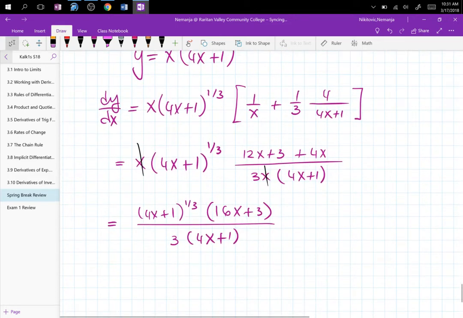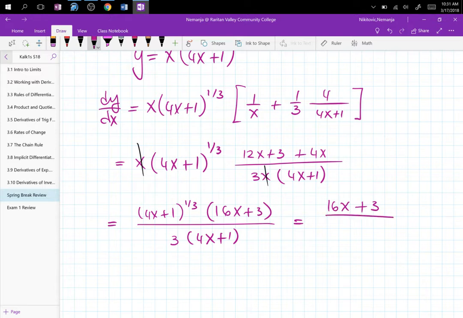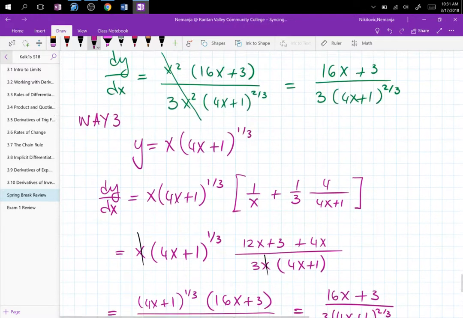And just cancel these things. Well, I can do it here. Into 16x plus 3 over 4x plus 1, 3 in front, and 2/3, which is the same as all other answers before.